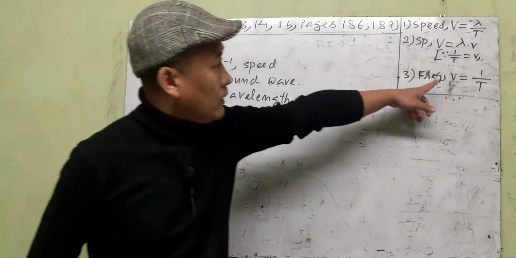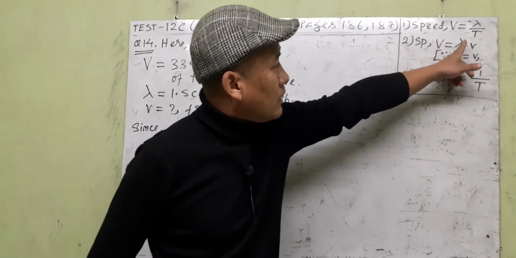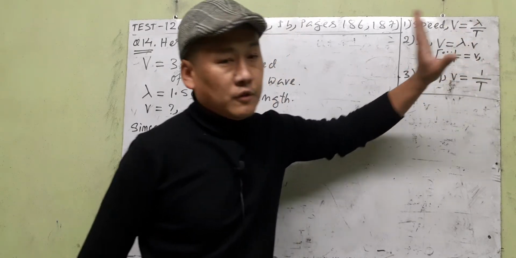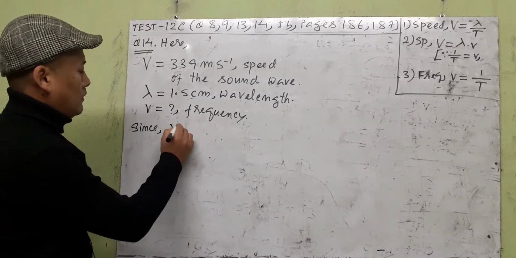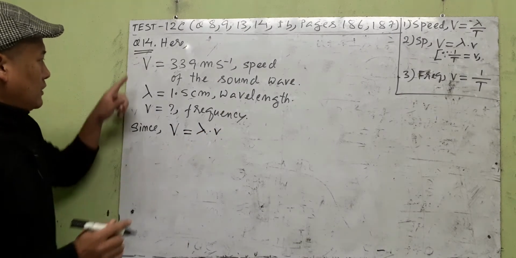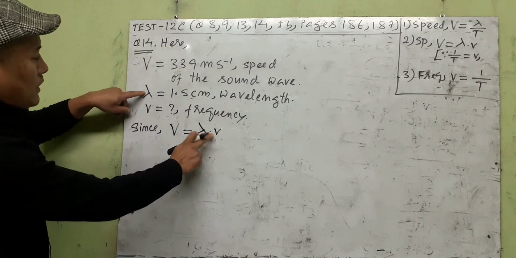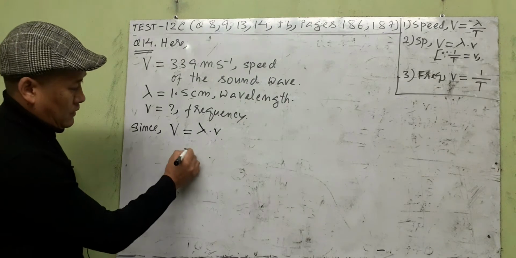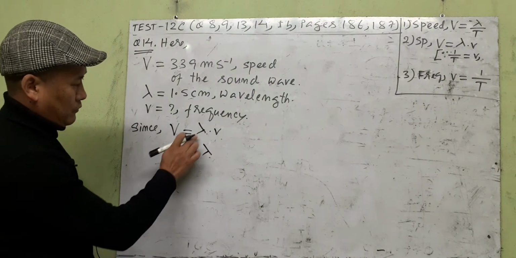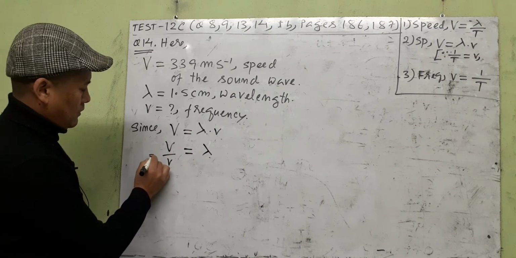Now in this chapter, sound, we have three main formulas. Take a note there. Our speed is lambda into frequency small v. We can use that: V capital equals lambda into small v. Because here V capital is the speed, and there are frequency and lambda. If they were asking us to find the wavelength of this sound, lambda is equal to capital V by small v.